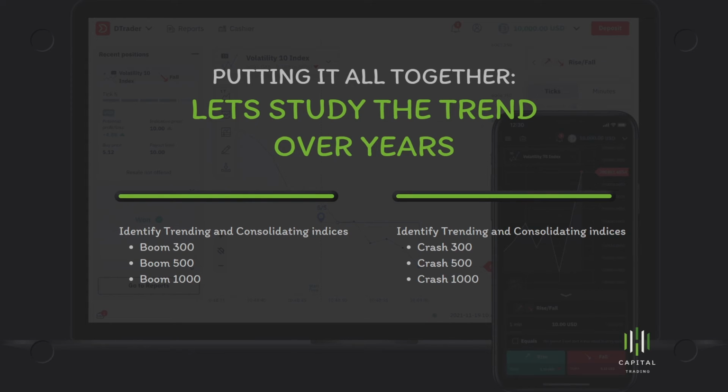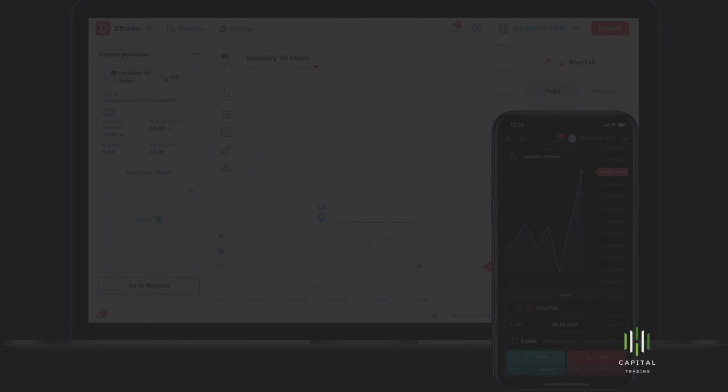We are going to identify old highs and old lows that were broken, and we are going to utilize all of these instruments, boom 300, 500, 1000, and crash 300, 500, and crash 1000, utilizing the line chart, right? So let's jump into that.